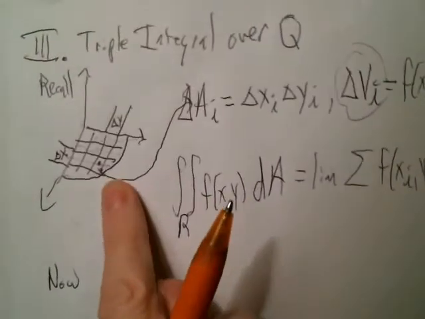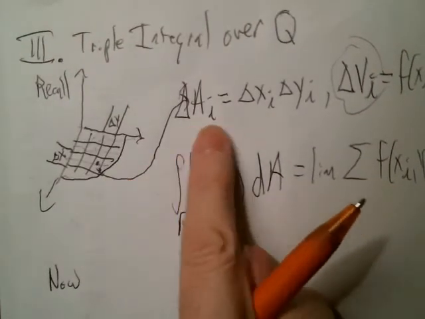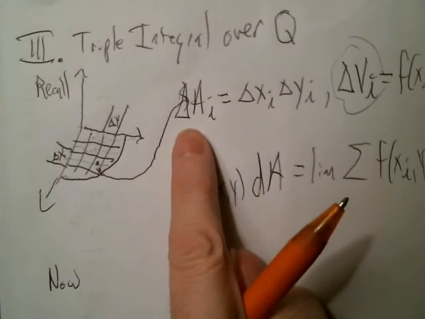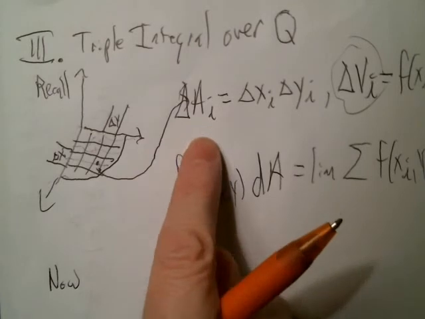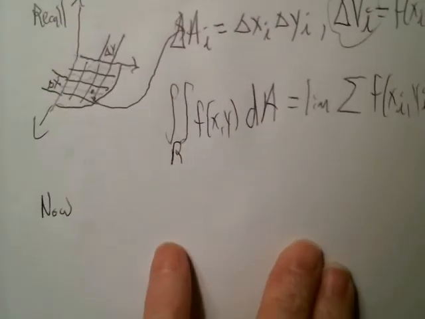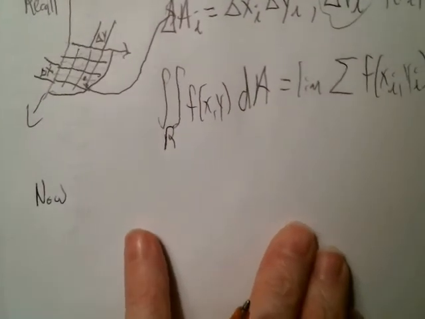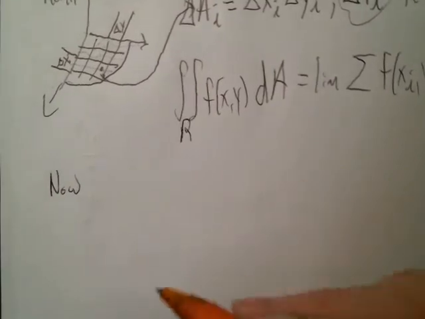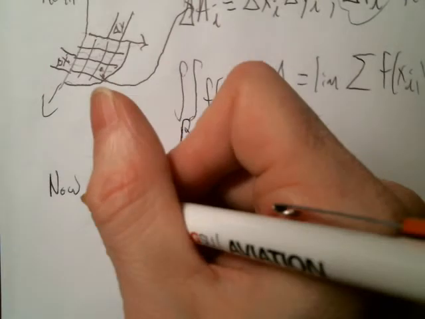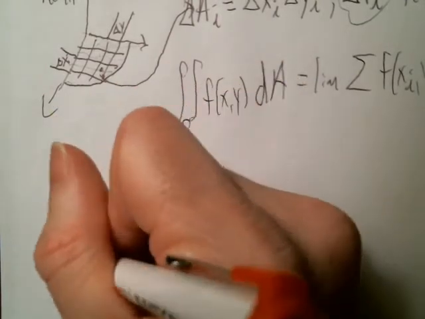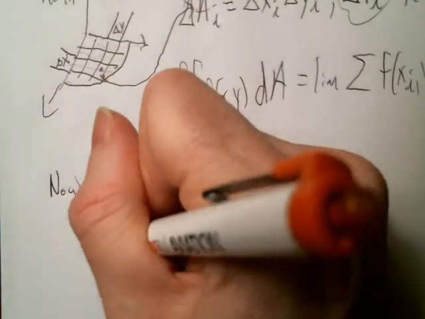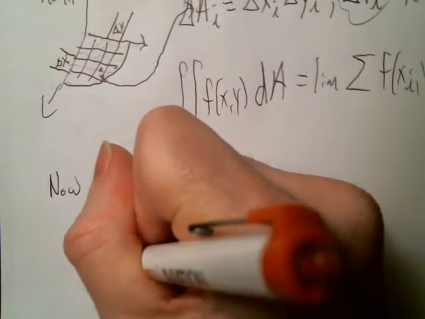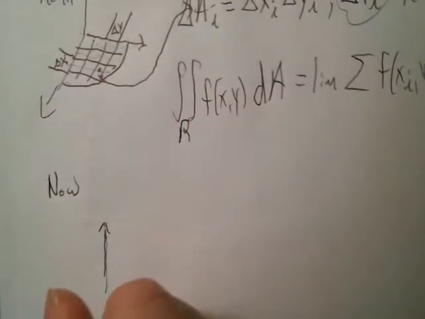instead of using rectangles as our basic objects, so in one dimension we just use intervals, in two dimensions we use rectangles. Now in three dimensions with the triple integrals, we're going to be adding up a bunch of cubes, or rectangular solids. So now the little things that we're adding up in whatever region you're dealing with. So again, we have our x, y, and z.